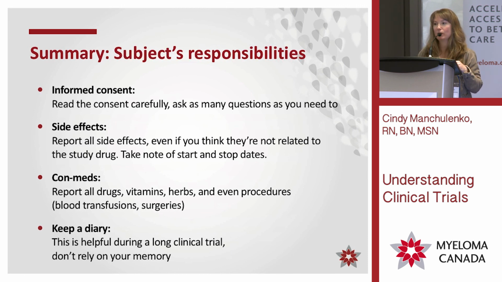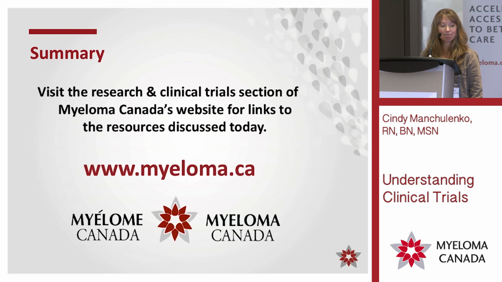It was some kind of tree bark boiled in water. I don't know what it was exactly, but it was clearly not making his pancreas happy. So I told him to stop, and lo and behold, a week later, all of his pancreatic enzymes came back down. So just to show you, herbs can also have an effect. Make sure you tell your team what you're taking, and they'll let you know if it's a safe one or a dangerous one.